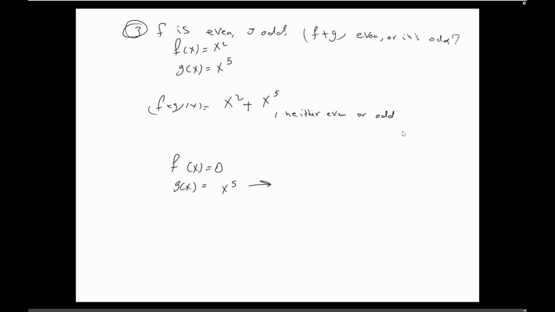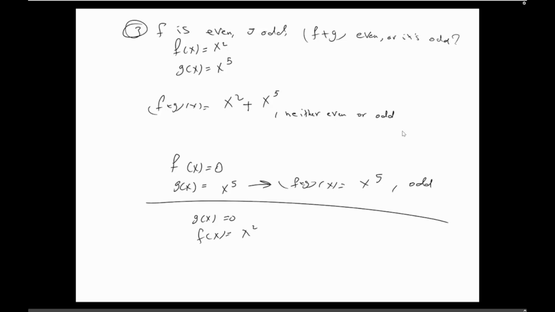So our f plus g of x is equivalent to x to the power 5, so this means it's odd. And also if we make g of x equivalent to 0, then f of x equivalent to x raised to power 2, then f plus g of x is gonna be equivalent to x squared, and this means our function is even.